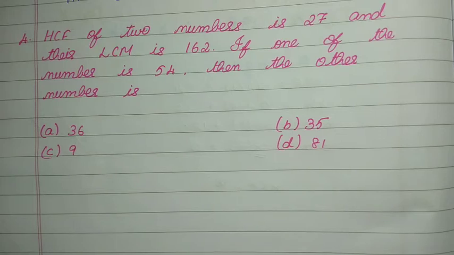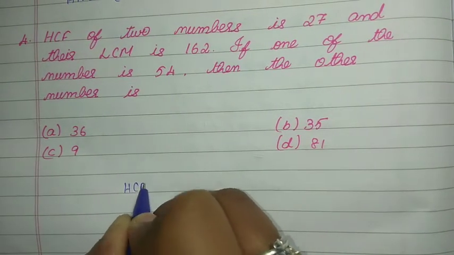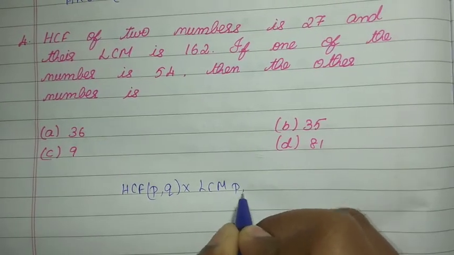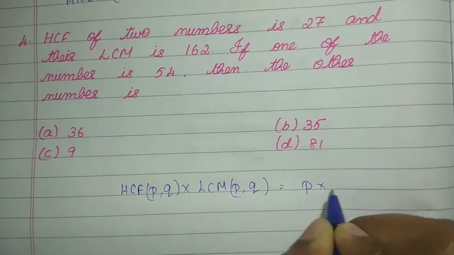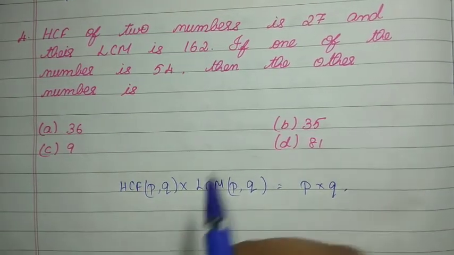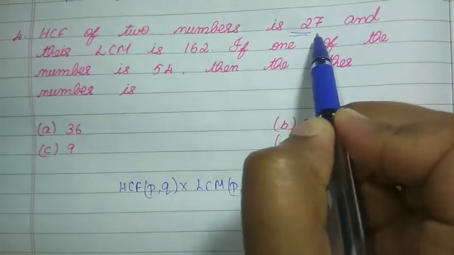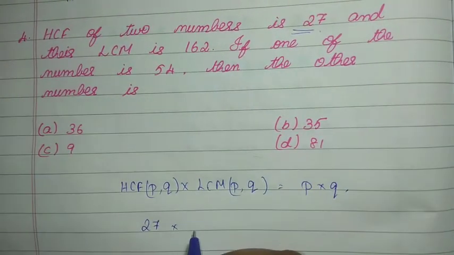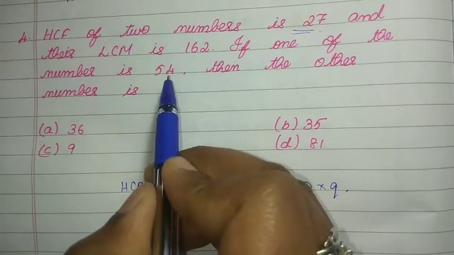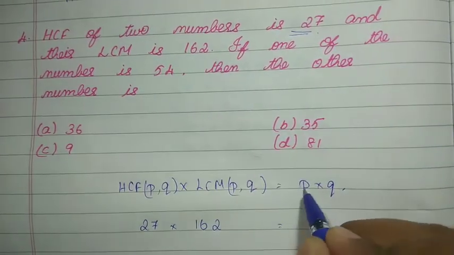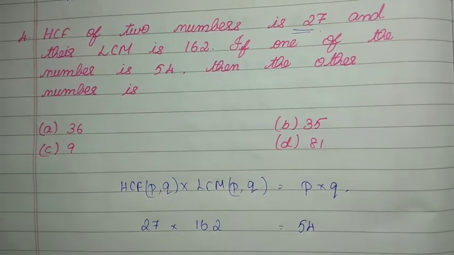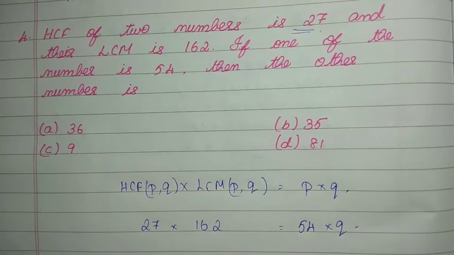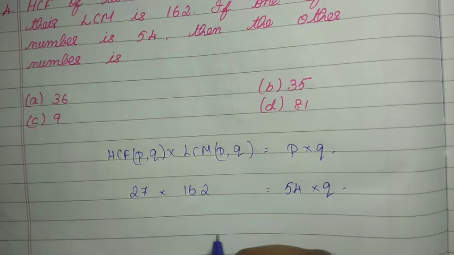Here we will be using the formula HCF of P and Q into LCM of P and Q is equal to the product of P and Q. Here the HCF of these two numbers is given as 27 and the LCM is given as 162, and one of the numbers, let it be P, is 54. Now we have to find Q only, so we will be just simplifying it and finding the value of Q. So let me have my Q here.